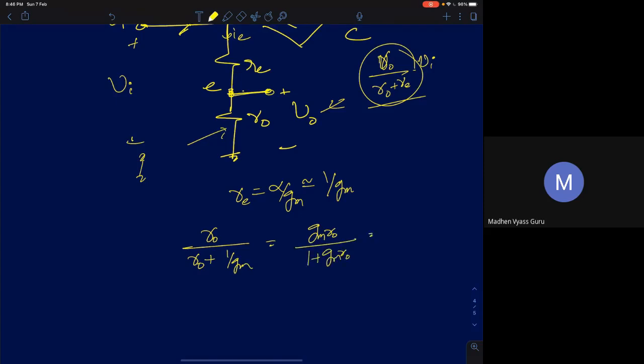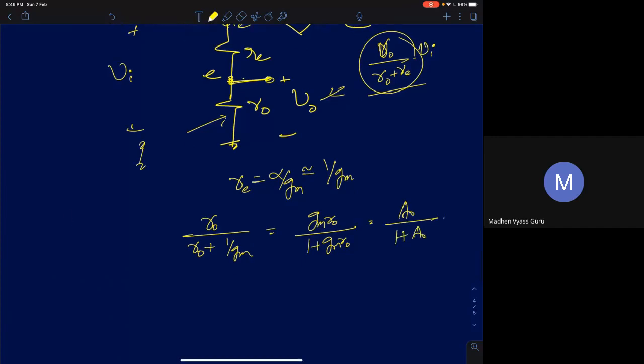So this will be A0 by 1 plus A naught, where A naught is the intrinsic gain of a common emitter configuration, which is Gm R naught. Generally, if you use the T model, you get simpler answers. For common collector, it's a much simpler model to use, and the analysis becomes very simple.